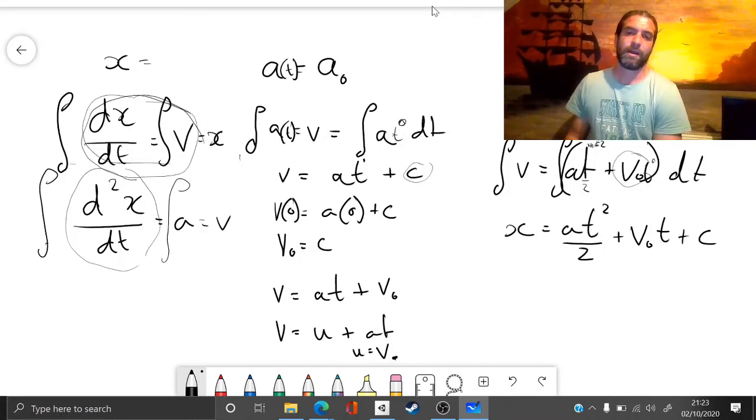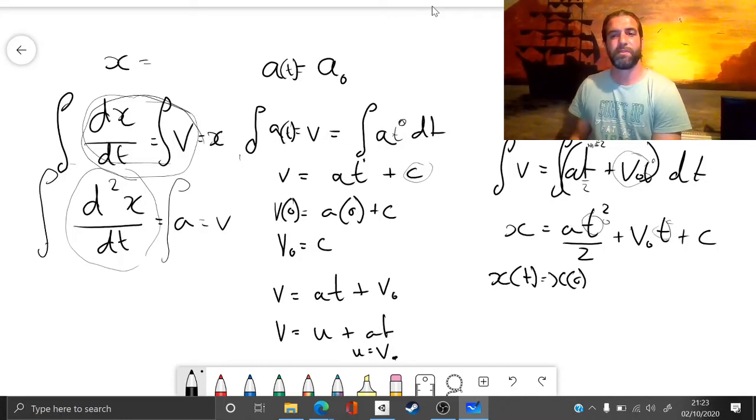Well, this is another function, x of t. So when t is naught, this becomes naught, this becomes naught, and you end up with the initial position, xi, is equal to the new c.